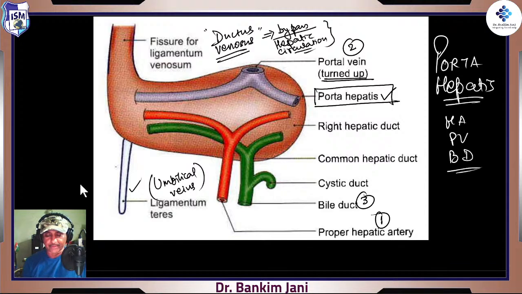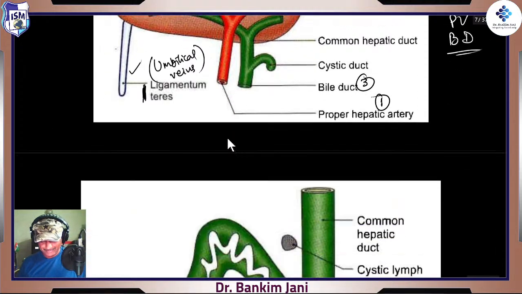So very important. But once after birth, the functions of the ductus venosus and umbilical vein are over, so these are remnants in the form of ligamentum venosum and ligamentum teres respectively. We talked about it, so just a sort of revision.